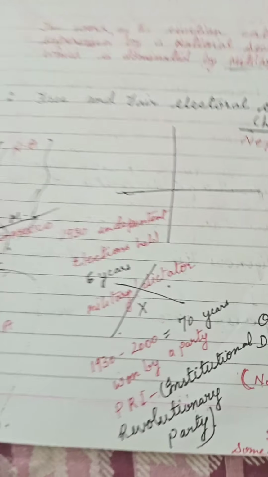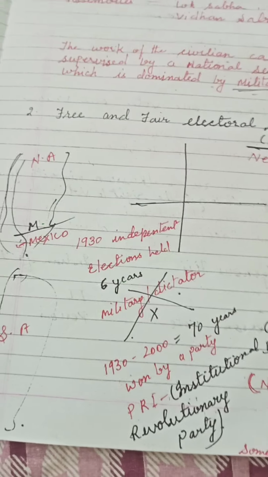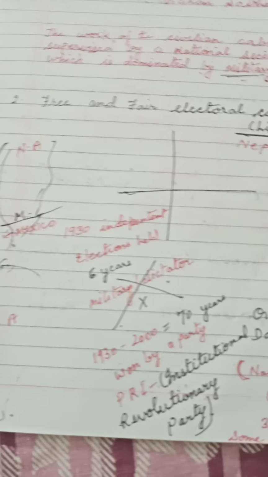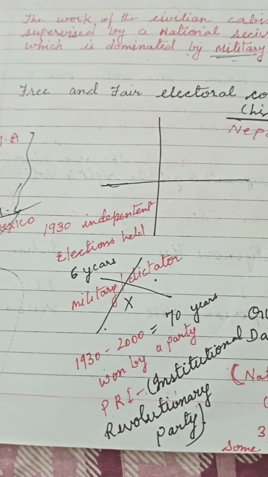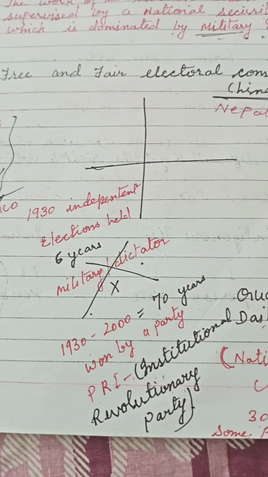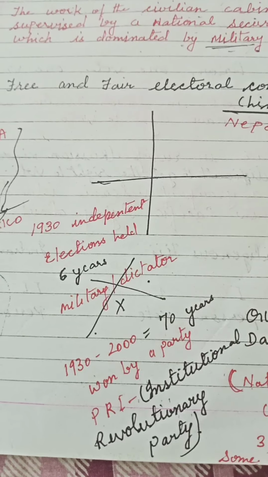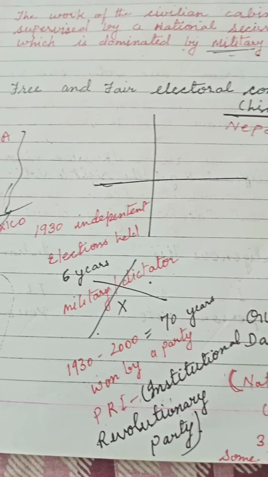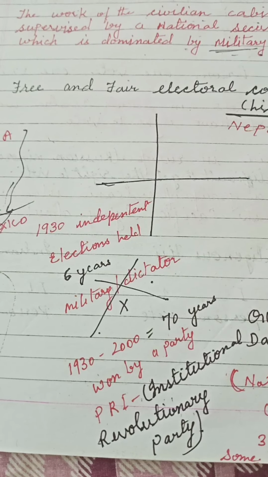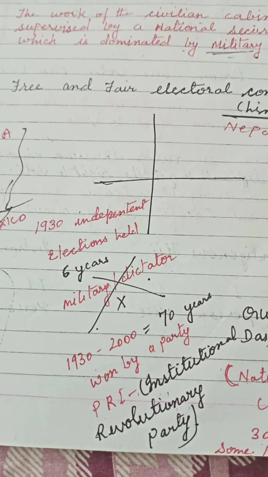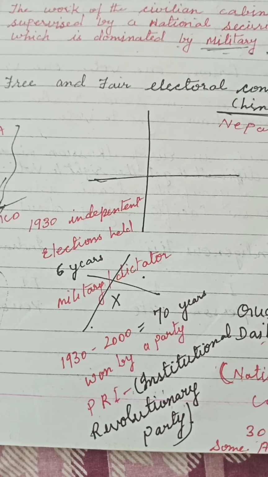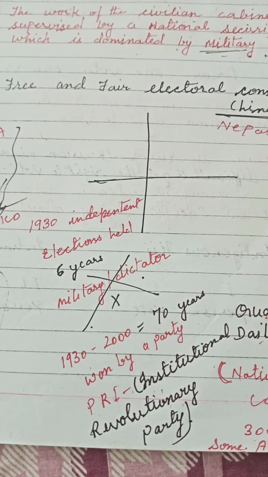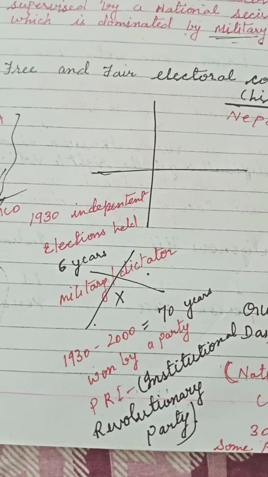So they were also doing the same thing, using dirty tricks, never giving a chance to the opposition parties. Opposition parties did contest elections but never managed to win. The PRI was known to use many dirty tricks to win elections.